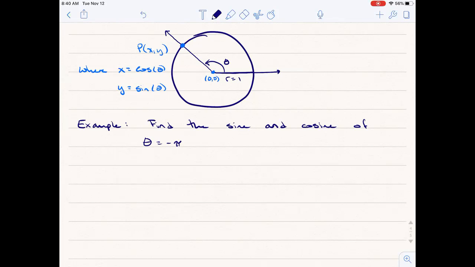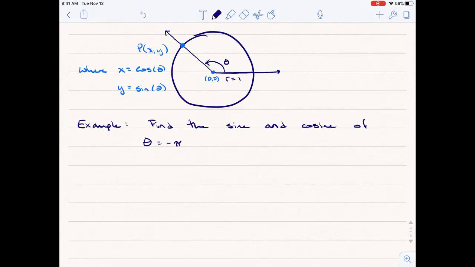Just kind of starting off with this idea, right? Pi is obviously in radians. If you're in degrees, it would have to say degrees, right? So default is going to be radians. We will be able to deal with degrees, but default's going to be radians. And so, find the sine and cosine of theta equal to negative pi.